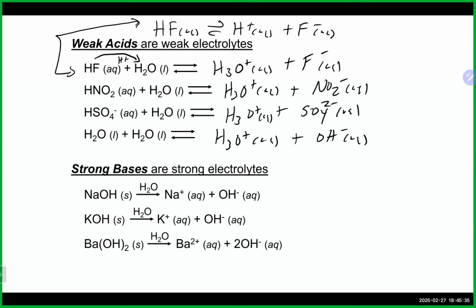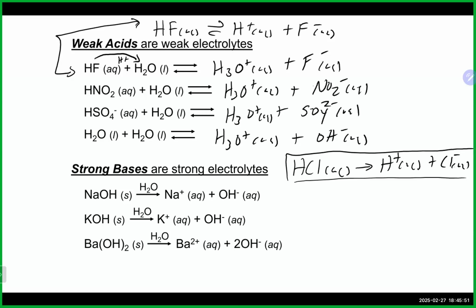Just like when we were talking about HCl on the previous slide, you could leave the water out and just write it as H+ and Cl-. So once again, this is a perfectly fine representation of what is going on with that strong acid, just like this is a perfectly fine representation of what's going on with that weak acid. Again, for acids, you don't necessarily need to include the water in there.